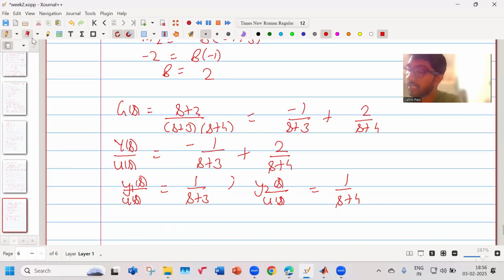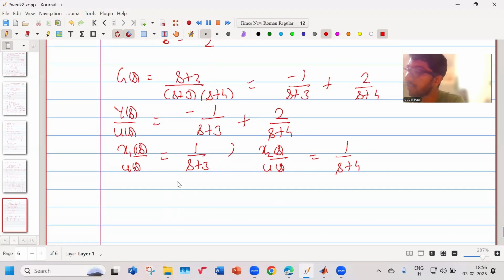Okay, we actually write it as x1 of s upon u of s and x2 of s upon u of s. So then, how do we decompose this? And what actually is my y of s? My y of s upon u of s is equal to minus x1 of s upon u of s plus 2 times x2 of s upon u of s.